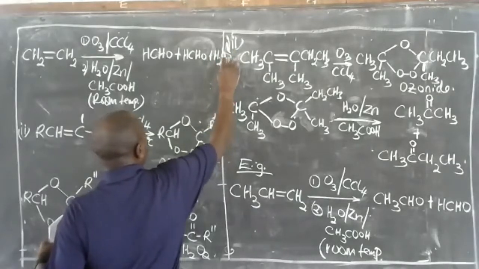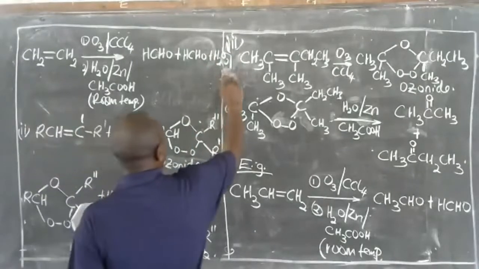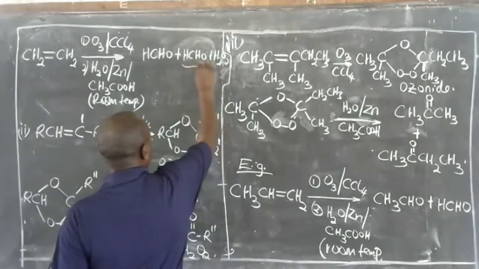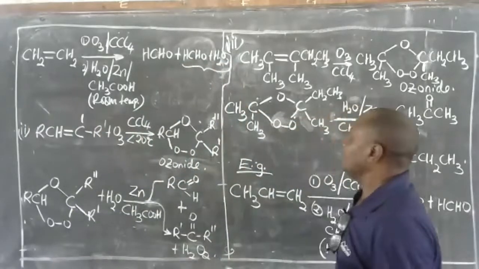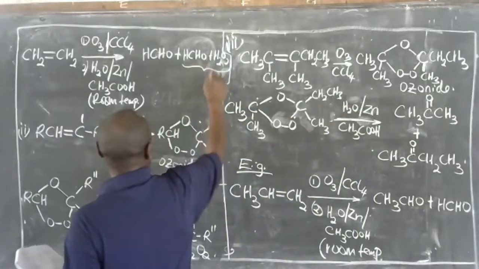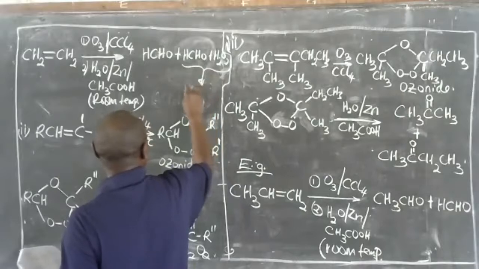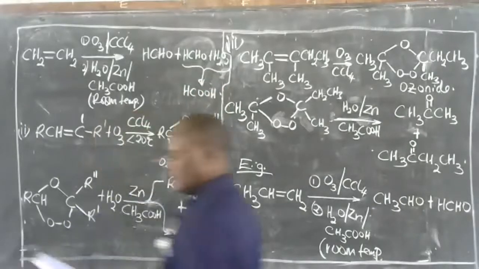This hydrogen peroxide is an oxidizing agent. It's going to oxidize methanol to methanoic acid, HCOOH.